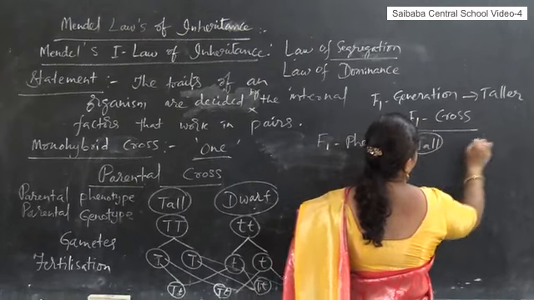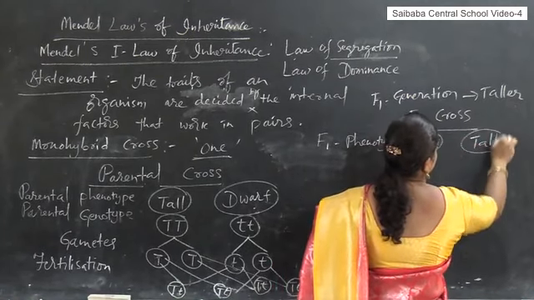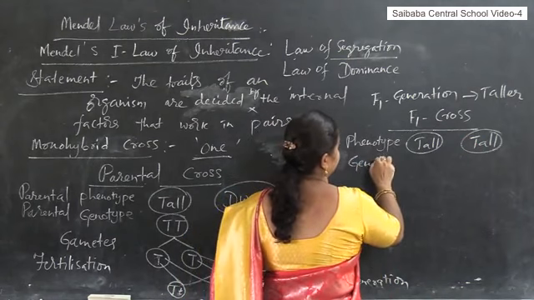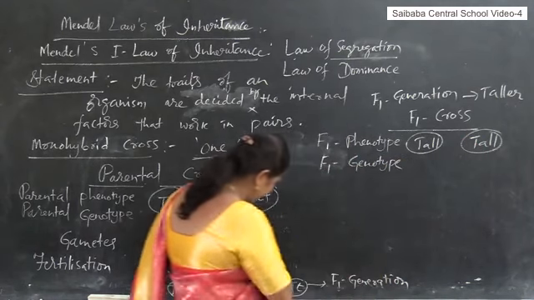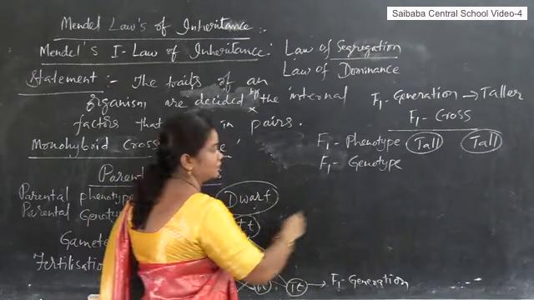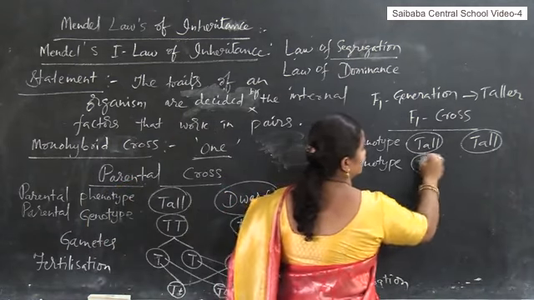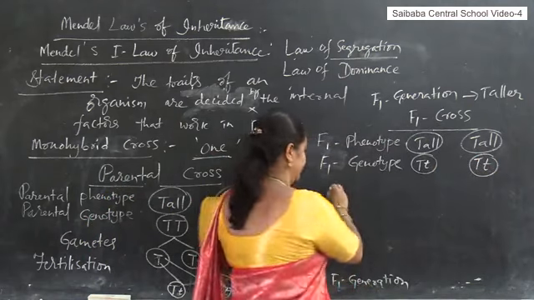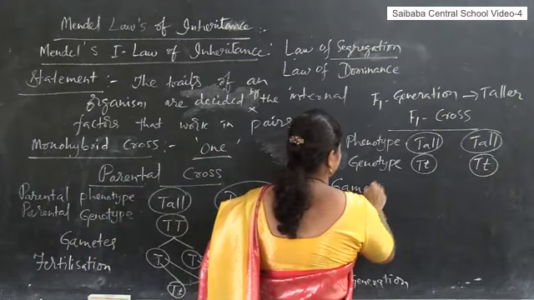Both have grown taller, right? And the F1 genotype, we know the genotype. What are they? Capital T, small t, capital T, small t. Even though it is growing taller, its genetic arrangement would be capital T, small t. Now they have been separated as gametes.